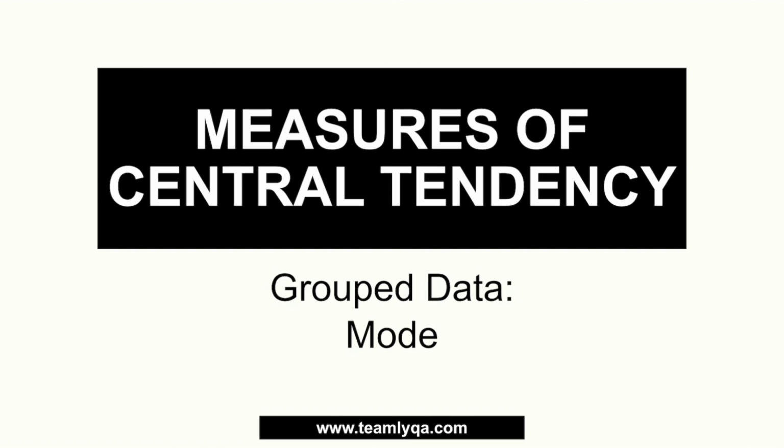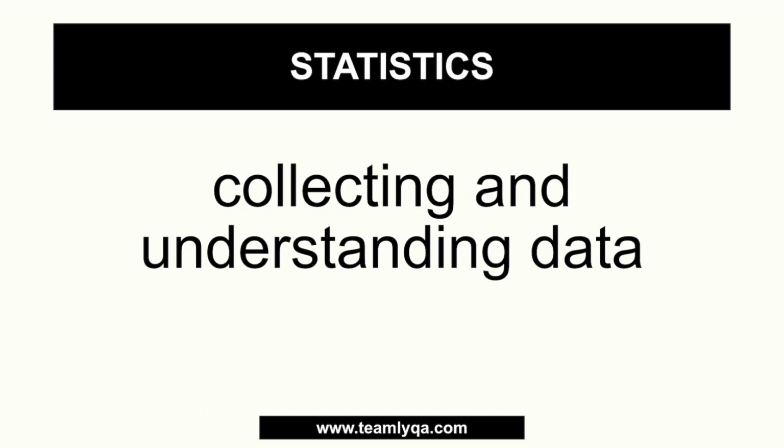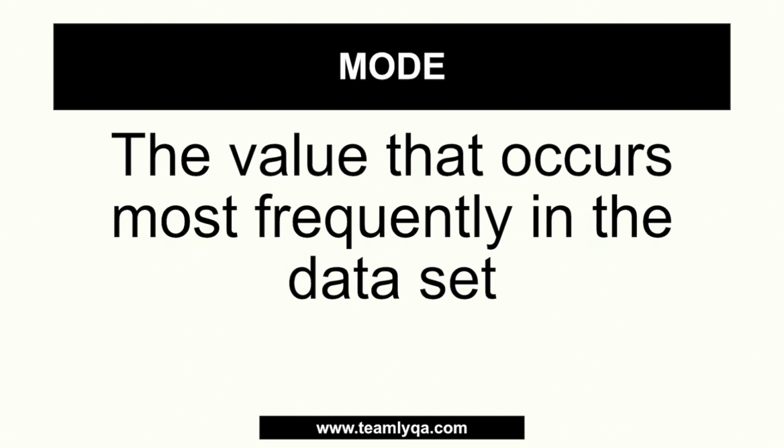Okay, we already talked about the mean, mode naman ngayon, no? And just a quick review. Again, we talked about statistics as collecting and understanding data. And yung measures of central tendency is a good way to kind of summarize yung data natin. And ang mode naman, out of the three, yung mean, median, at saka mode, yung mode is the value that occurs most frequently in the data set. Ibig sabihin siya yung pinakamarami ang repetition sa loob ng isang dataset.